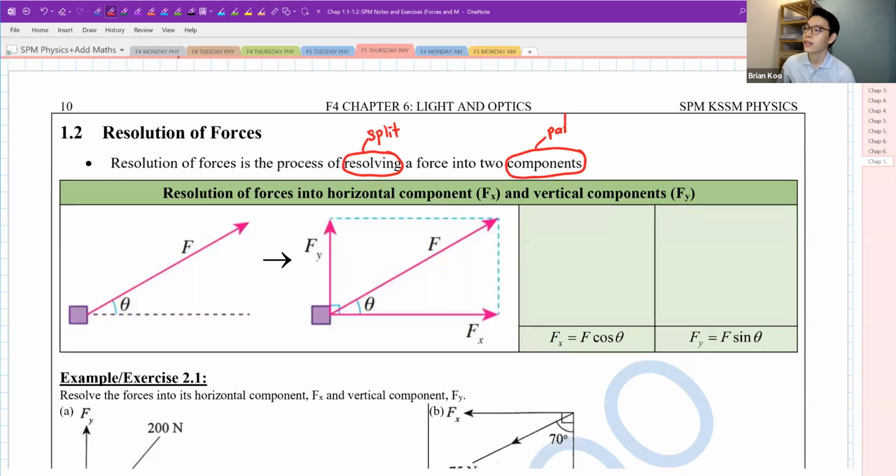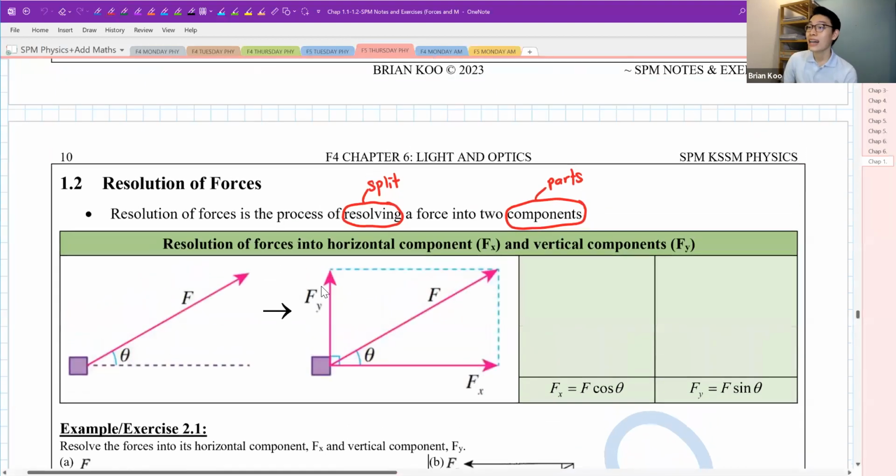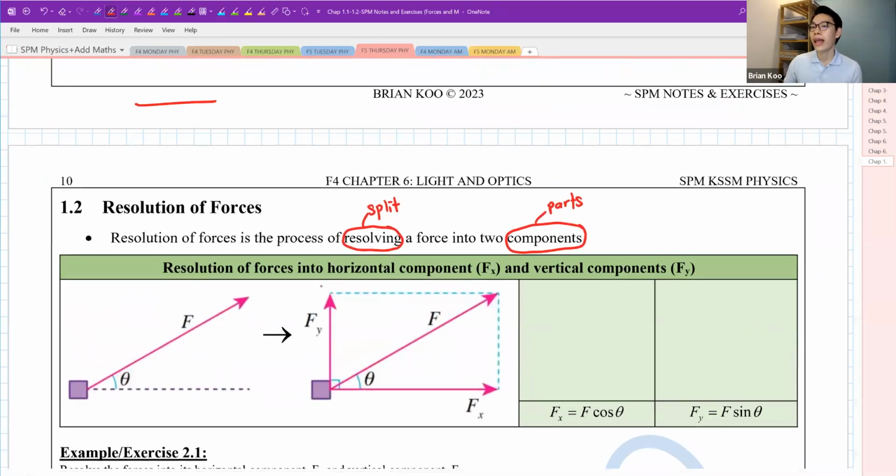You know, earlier on in the last topic, we always tried to add the forces together, right? Remember, you can add one force with another force, and then you find out the resultant force, using the triangle of forces method. In this topic, we are going to do the opposite. We're going to do the reverse.